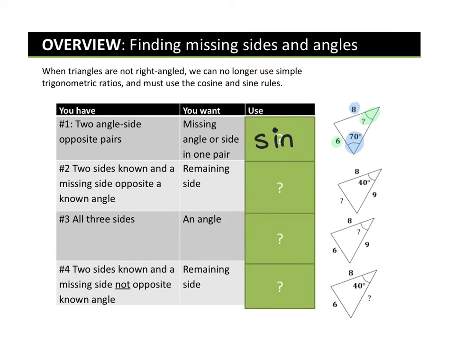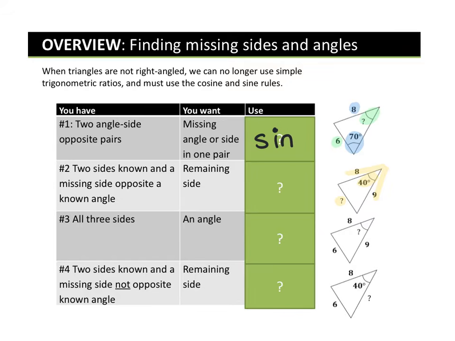Okay, now for the next one, you have 2 sides known and a missing side opposite a known angle. Okay, so in this case, you have an angle in between 2 sides and you want the missing side.